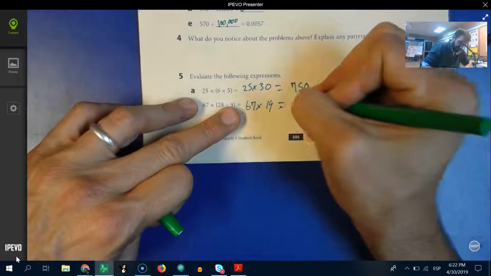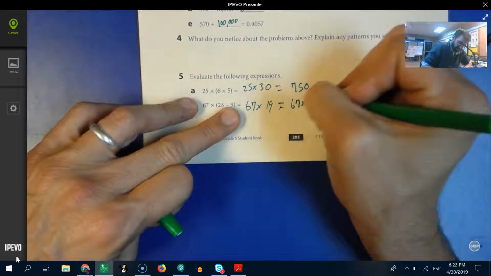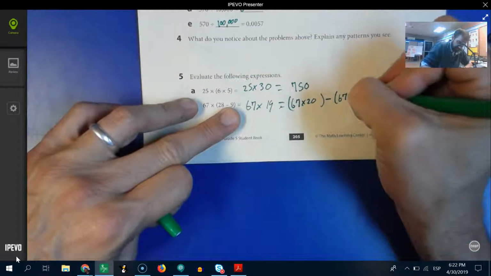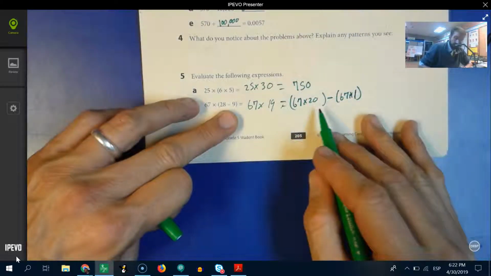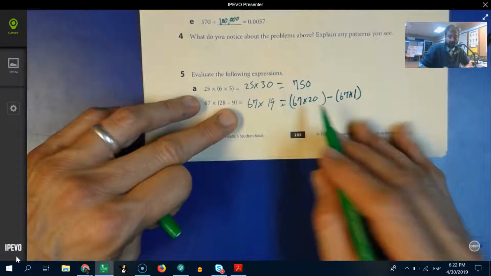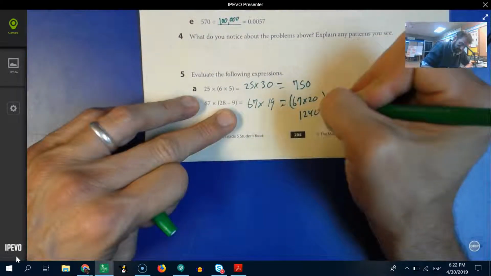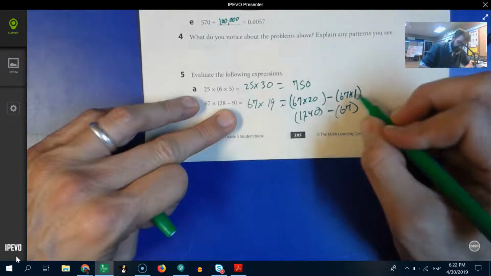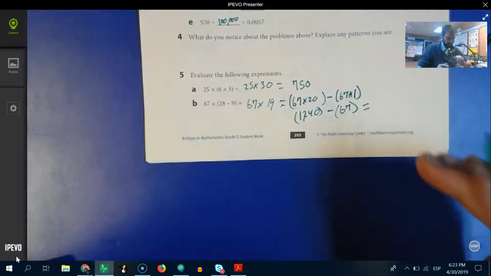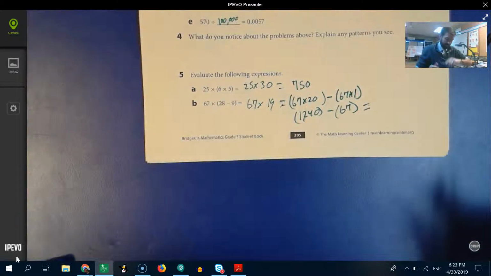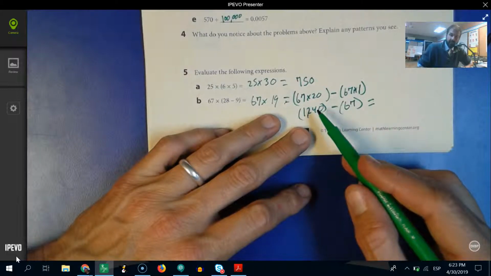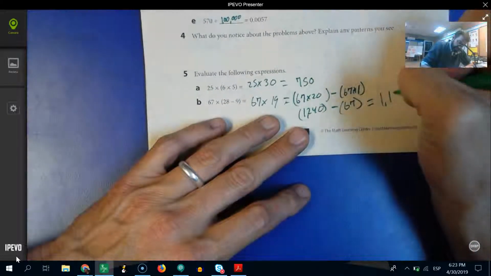I'm going to change that to 67 times 20 minus 67 times 1, which gives me 67 times 10 is 670, so that's 1240 minus 67, which gives me, drop 40 to get to 1200. I have 27 left. I know my 100 combinations, that would be 73, so 1173.